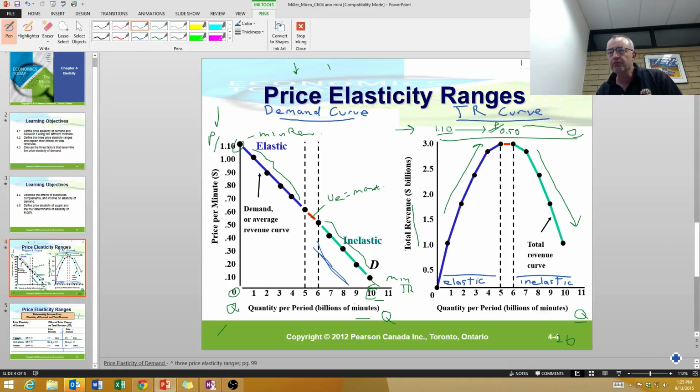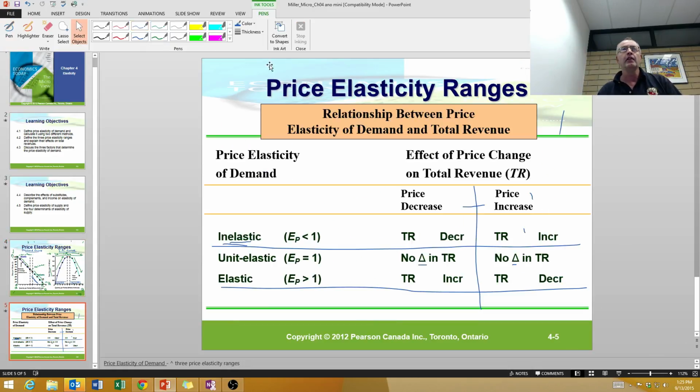Obviously I find this thing very frustrating. As price goes up, total revenue also goes up in this inelastic section, and if price declines, then total revenue also declines. They're directly related. And in the elastic section of the demand curve, price and total revenue are inversely related. So as price goes up, total revenue declines, or as price goes down, total revenue increases.